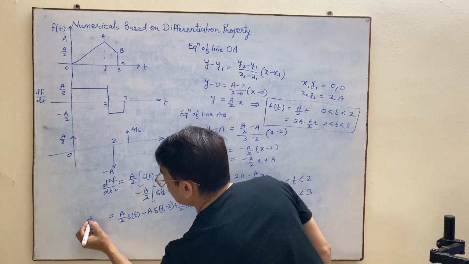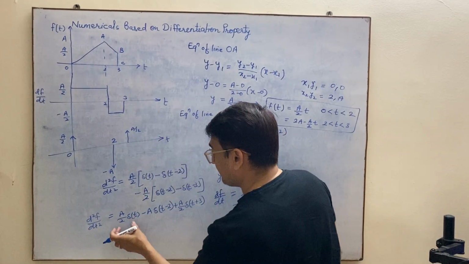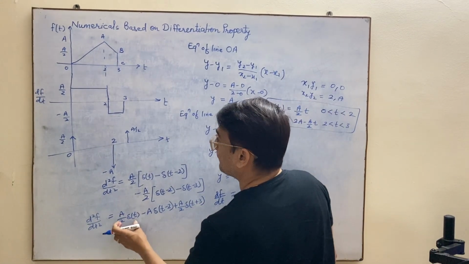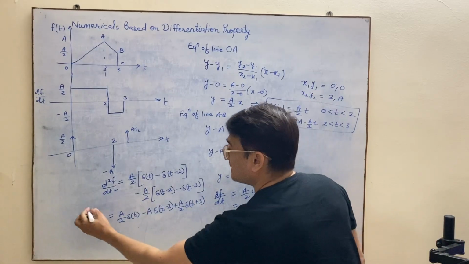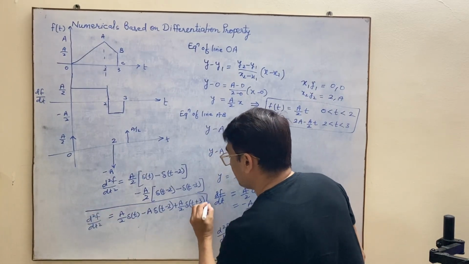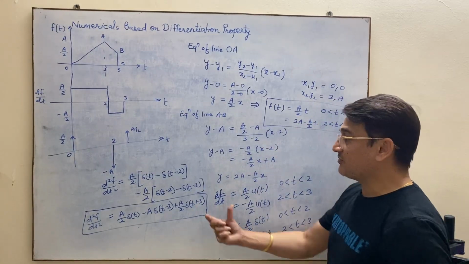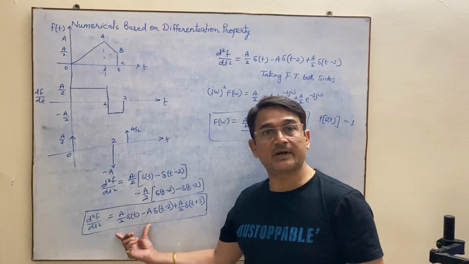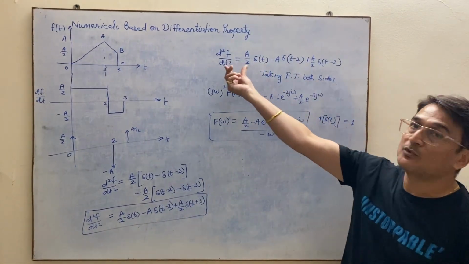So basically d square f by dt square, you will get 1, 2 and 3 impulses of plus a by 2, minus a and again plus a by 2. This is the final equation. So now after this we will take the Fourier transform and get the final answer. So once you get this equation, now we will take the Fourier transform both sides.